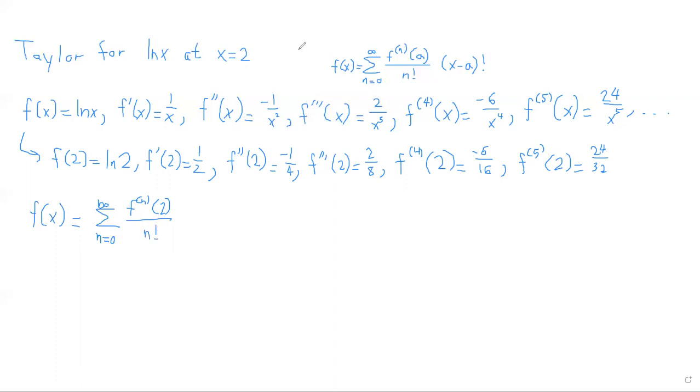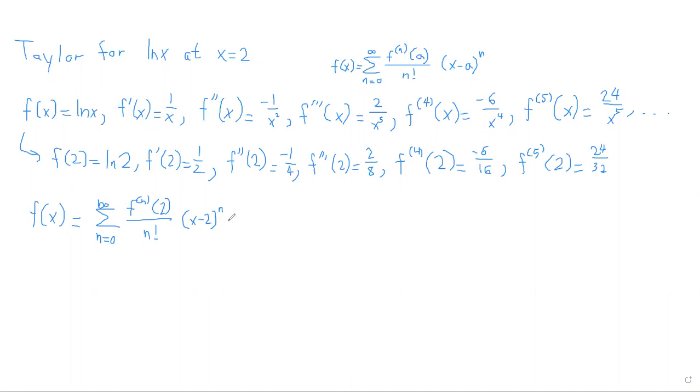Oh, I made a mistake here in this formula. It's supposed to be to the power of n. I'm deeply sorry about that, guys. x minus 2 to the power of n.